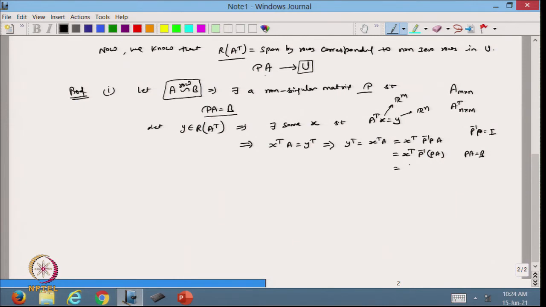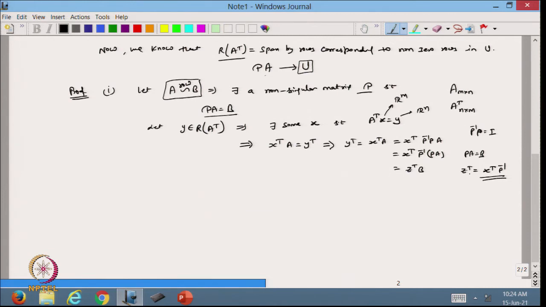So, from here I can write one vector z transpose B, where z transpose I am taking as x transpose P inverse. It is the new vector we are introducing, z.